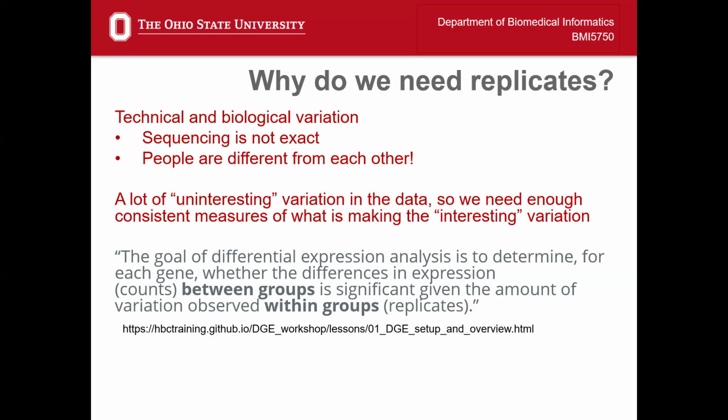So we need enough consistent measures that we can make out what is the interesting variation, probably caused by disease or leading to disease, than the uninteresting person to person differences.